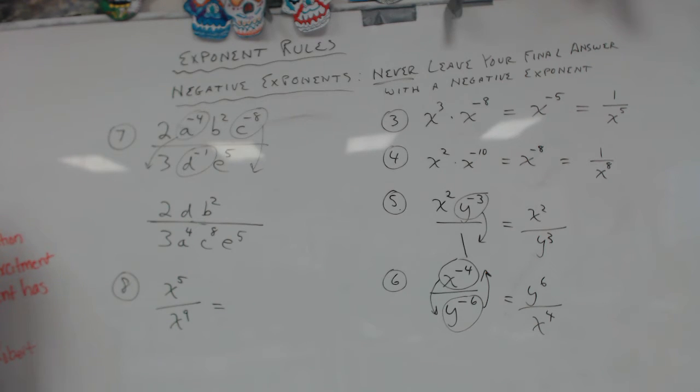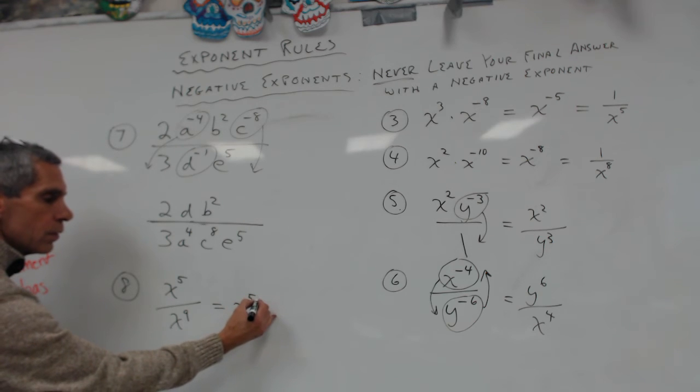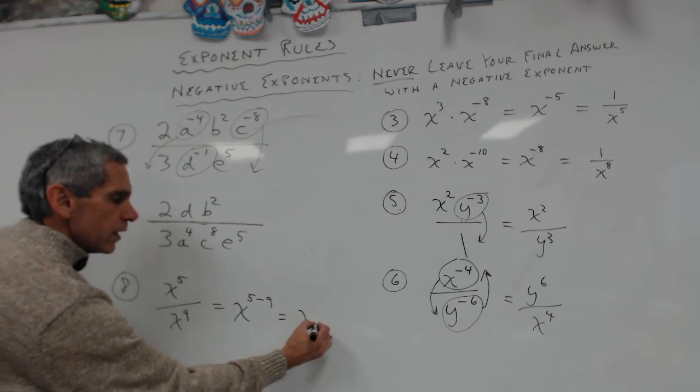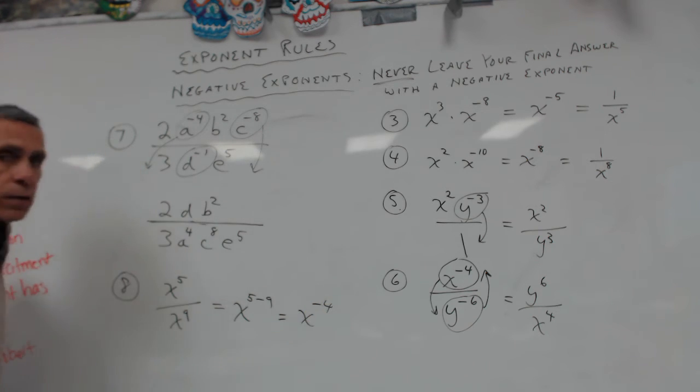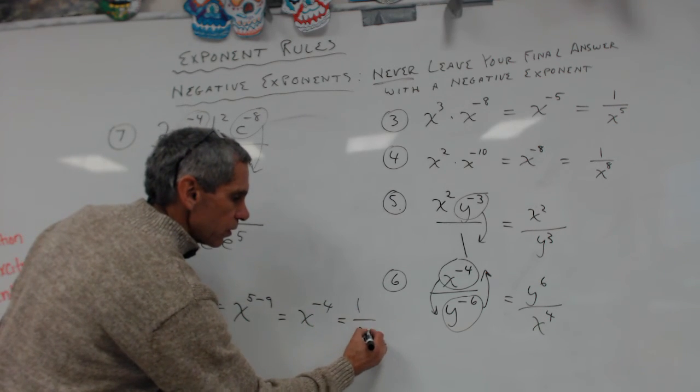They're the same base, so you do subtract the exponents. You get 5 minus 9, which is x to the -4, and then you just flip it. 1 over x to the 4th.